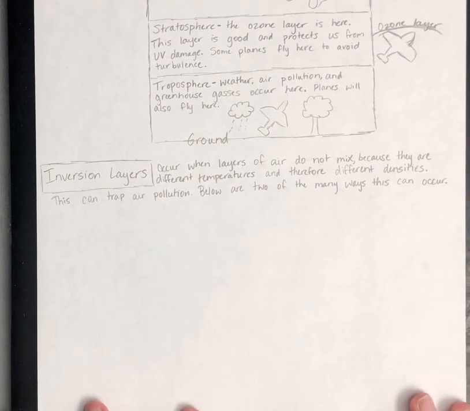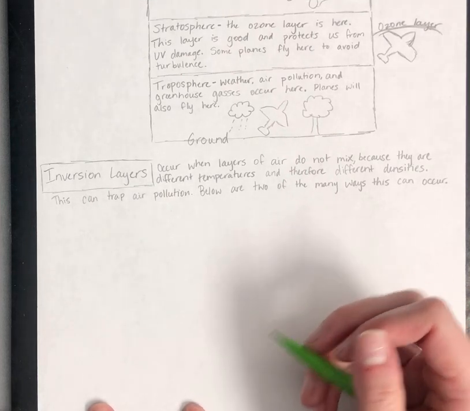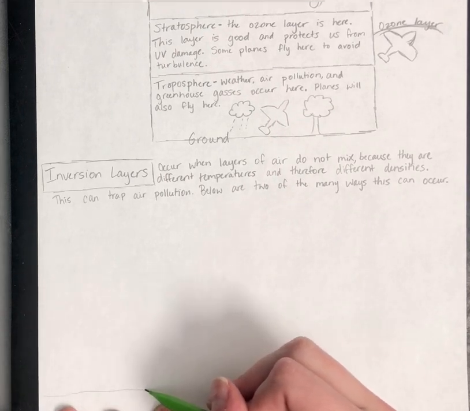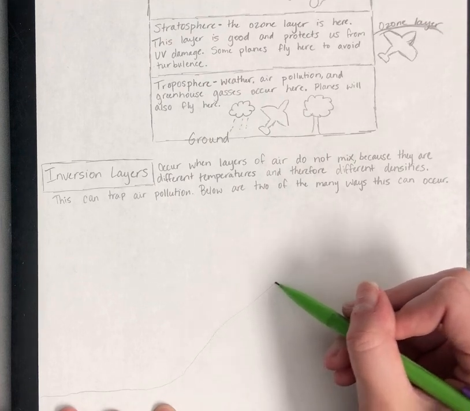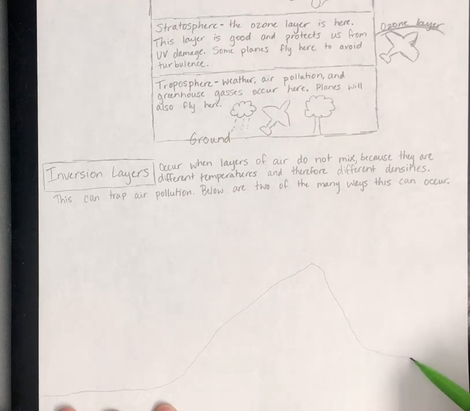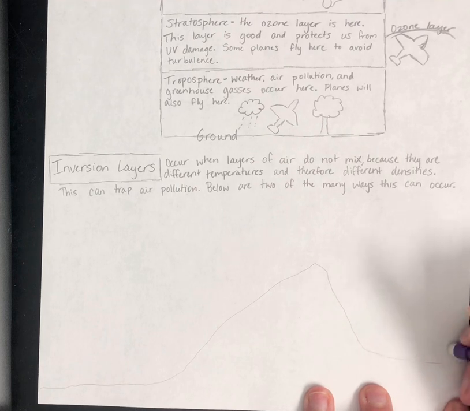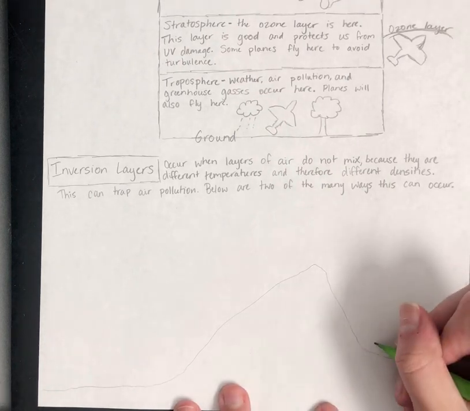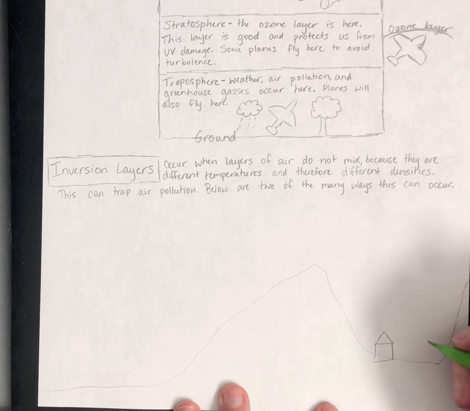So now is where we are going to draw a picture. Actually, I'll make another mountain over here. Down here we may have some little houses and some buildings.